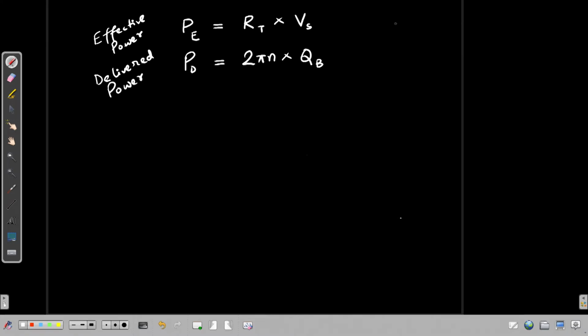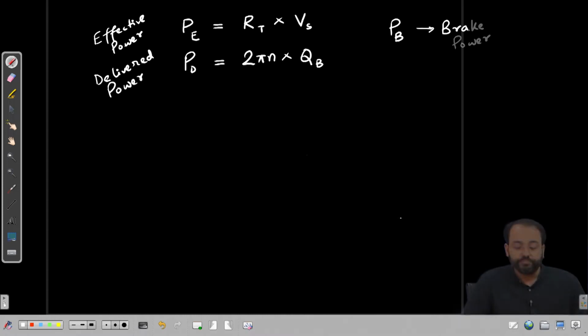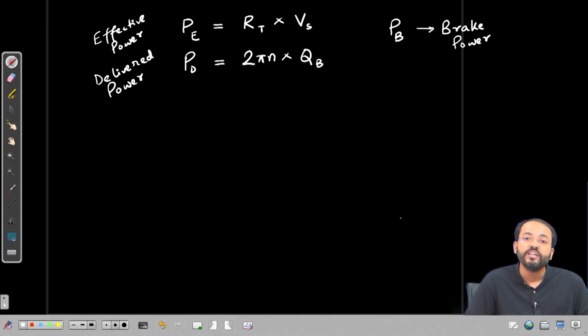On the other hand, we have the brake power of the engine. This brake power of the engine undergoes some losses as it is transmitted via the shaft to the propeller as the delivered power.